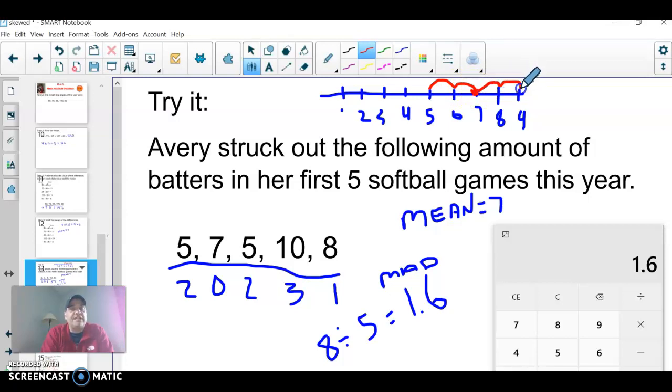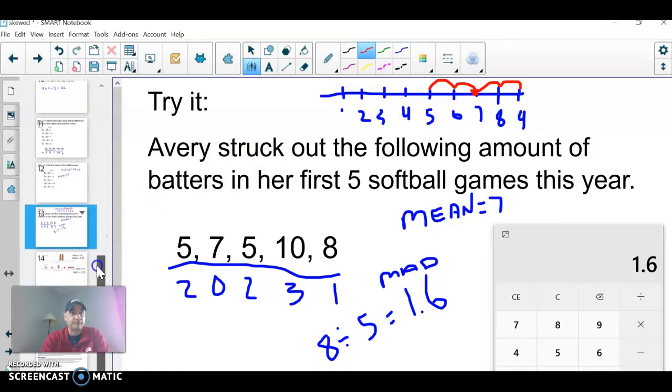So most of her data is falling between 5 and 9. And look at that, it really is all except for 1. That means she's really consistent, okay? The further spread out it is, the less consistent something is. And that's why we use the MAD to help us understand variability in a data set.